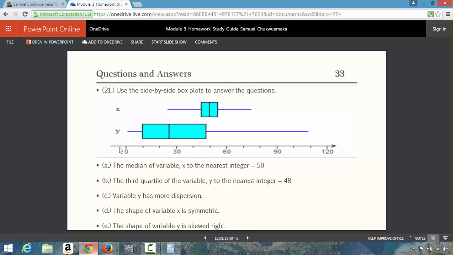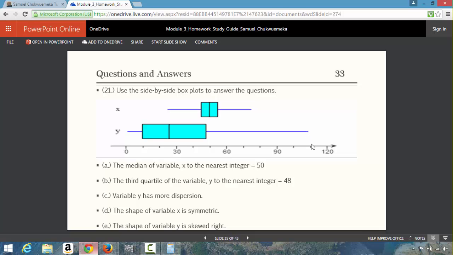Variable Y has more dispersion. Why do we say that? Remember, measures of dispersion are range, variance, and standard deviation. If we look at this, the range is, of course, the maximum minus the minimum. The range of Y is greater.